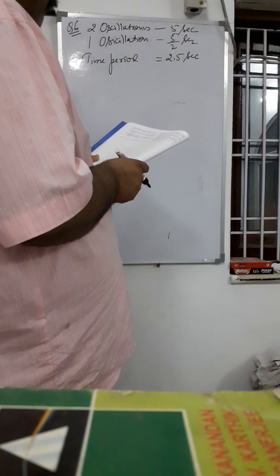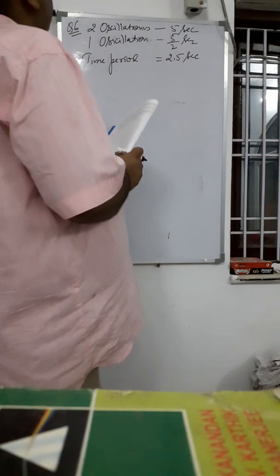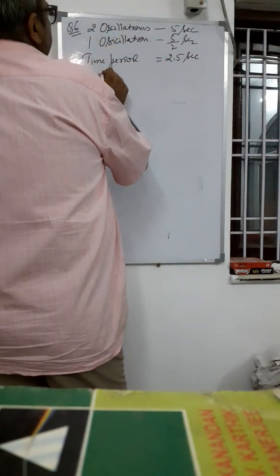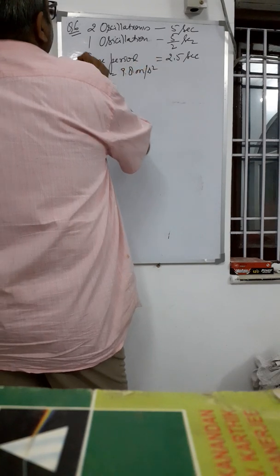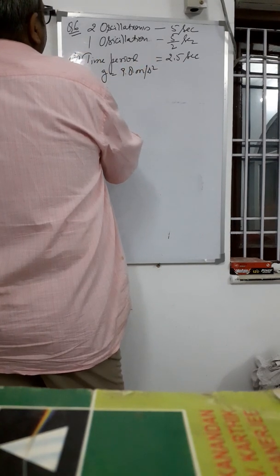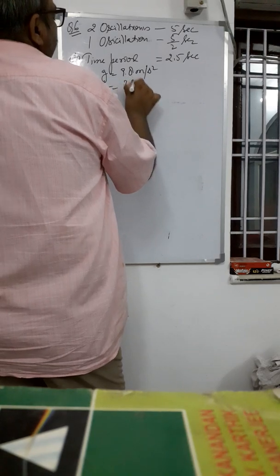B. If G is 9.8, find its length. Now they have given G is equal to 9.8 meter per second square. This was the first part. Second part, we have to calculate.